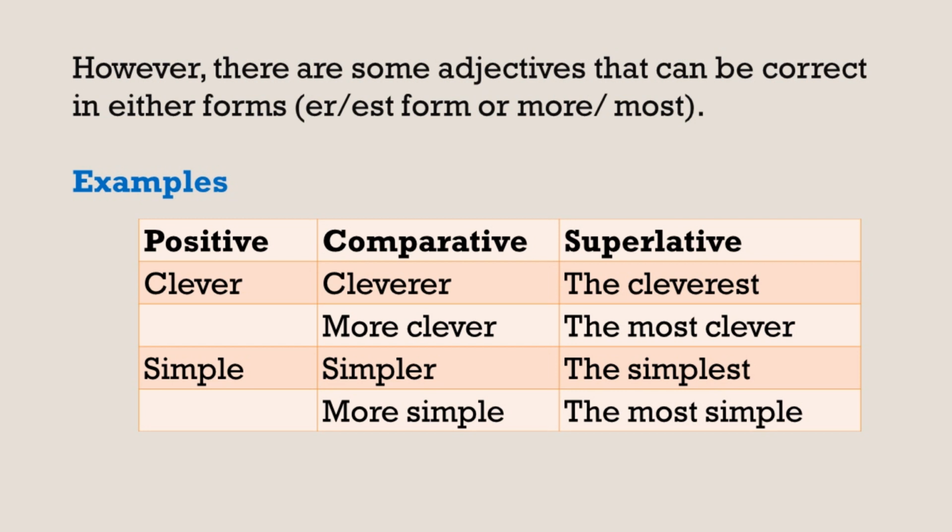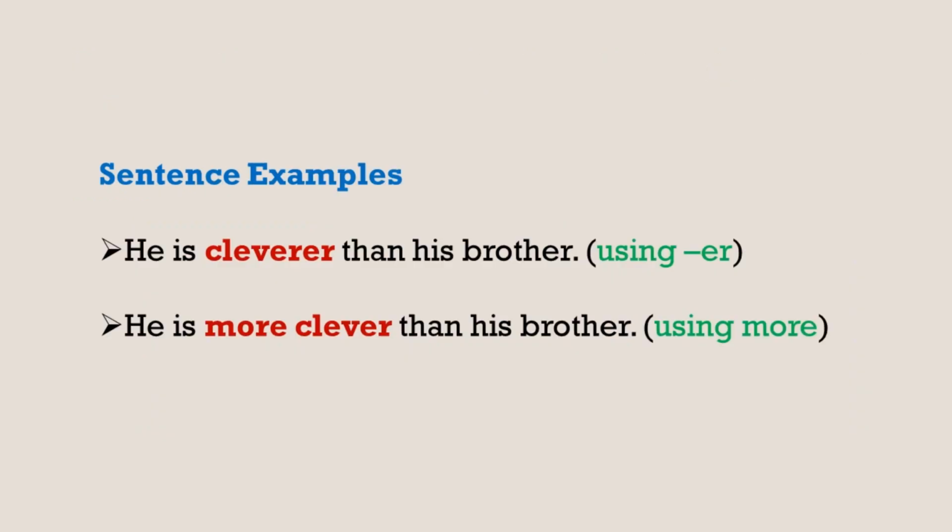We also have simpler, or we can use more simple. In the superlative, we have the cleverest or the most clever, the simplest or the most simple. Sentence examples: he is cleverer than his brother. He is more clever than his brother.